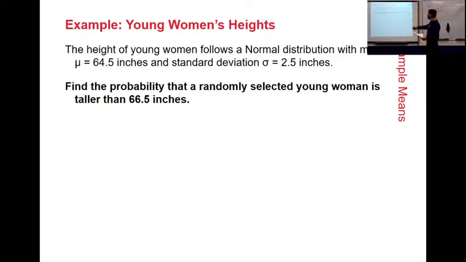So we have the mean and standard deviation in front of us. It says find the probability that a randomly selected young woman is taller than 66.5 inches. And then it says find the probability that if I select 10 of these women, that sample will have a mean that is more than 66.5.